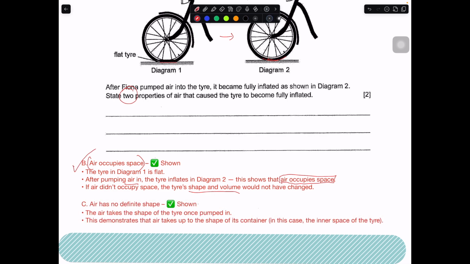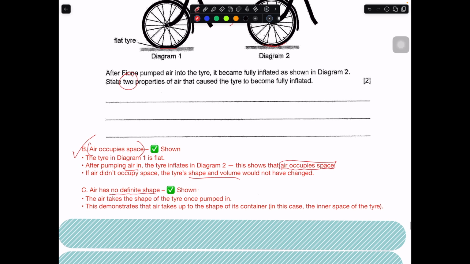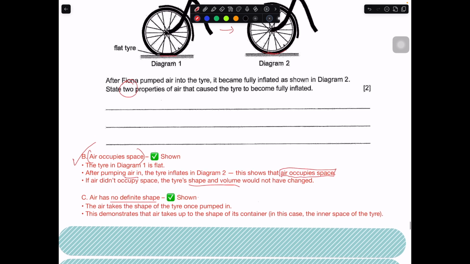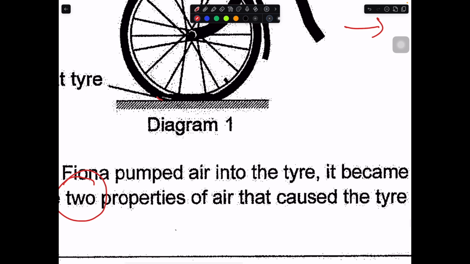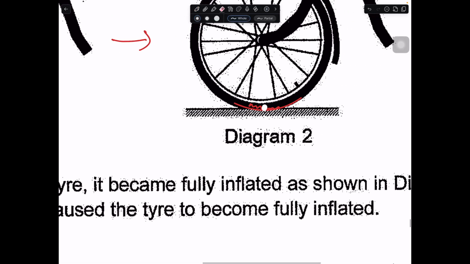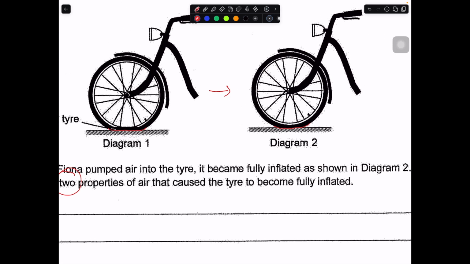Another thing that is shown is air has no definite shape. If you take a look at diagram 1, the original shape of the tire is flat. After you pump air, it takes the shape of the tire. It becomes slightly rounder. This one is more flat, this one is rounder.